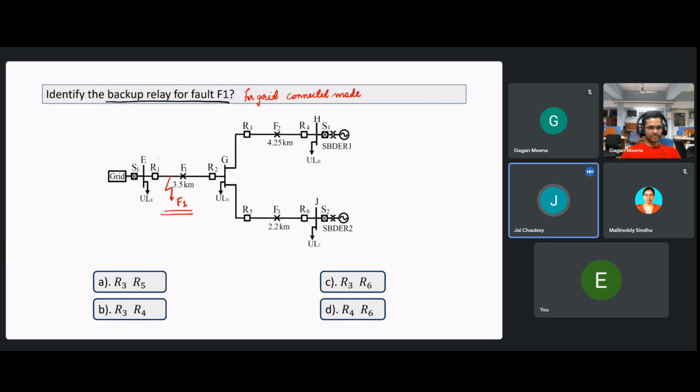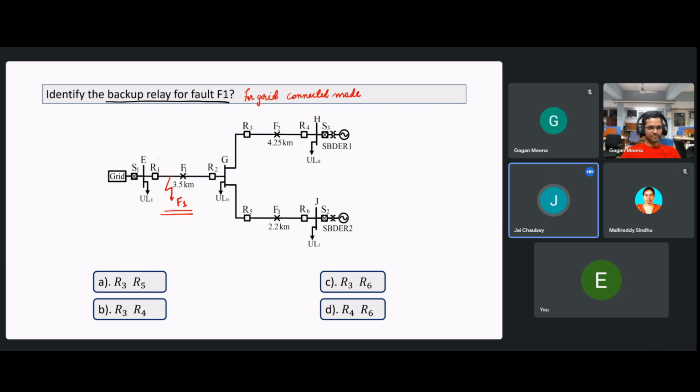If we have a fault here and the fault current is like this, then R1 can detect if it is above its threshold. If we also have a fault current like this, and it is above the threshold of R2, then R2 will detect. So both these relays are going to protect this feeder.